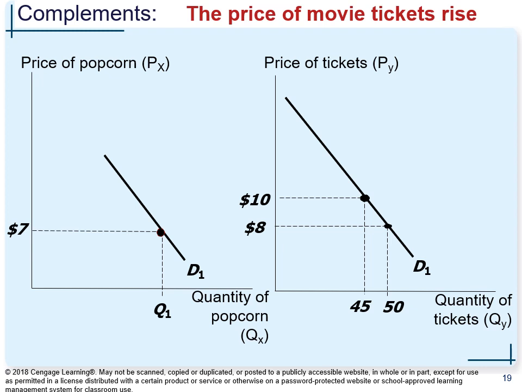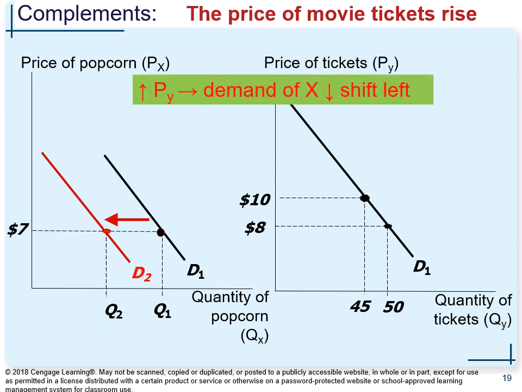What's going to happen to the market for popcorn? Well, since fewer people are going to the movies, at any price level the quantity demanded for popcorn is going to fall. There are fewer moviegoers, so there's going to be less demand for popcorn as well. That's represented as a shift to the left of the demand for popcorn.